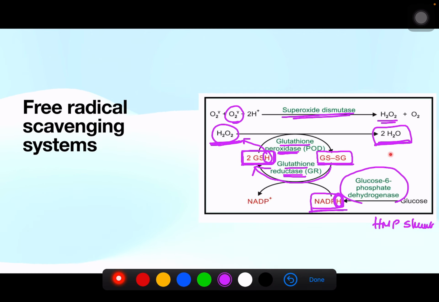Now again, to replenish reduced glutathione, we use glutathione reductase and NADPH. The NADPH is from the HMP shunt pathway, and the enzyme necessary is glucose 6 phosphate dehydrogenase. Right? So that's superoxide dismutase, glutathione peroxidase, glutathione reductase. These enzymes are necessary for removing your free radicals.